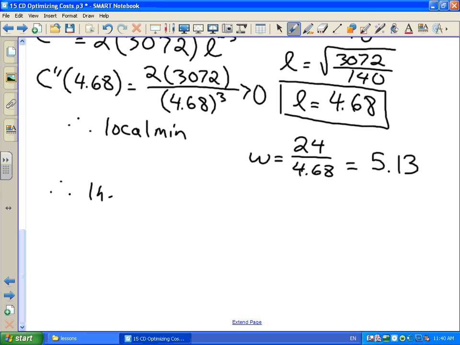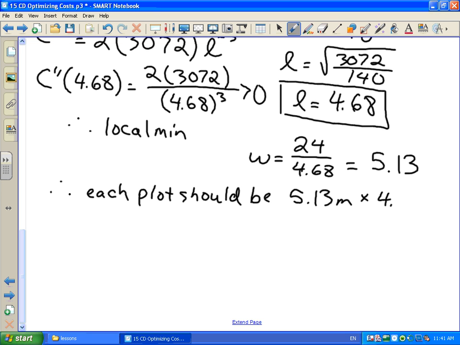Therefore, let's just say each plot should be 5.13 meters by 4.68 meters. And we're done.